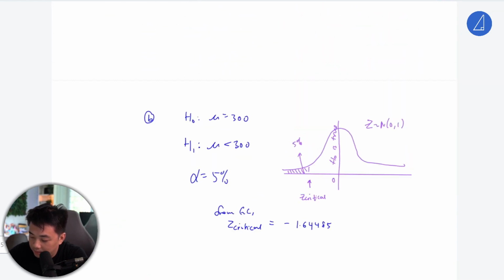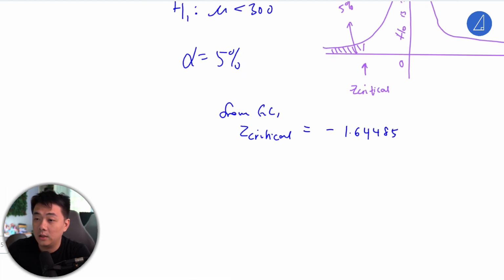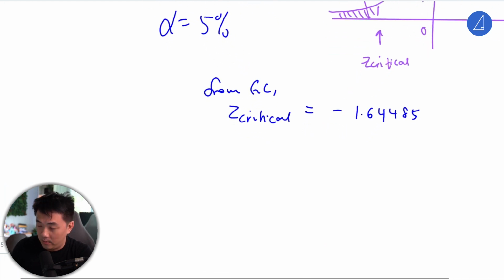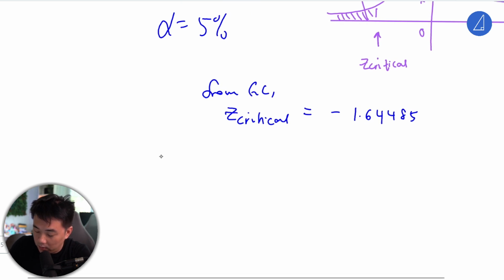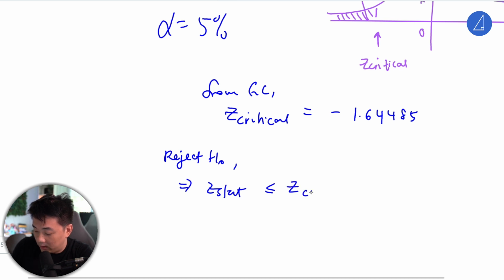Okay, so in this case, what we have is essentially we just use the boundary, the critical. So to reject H0, what we have is z stats at most the z critical.